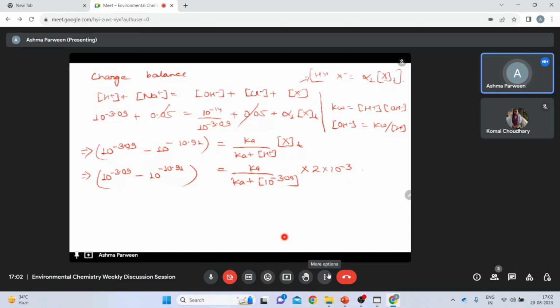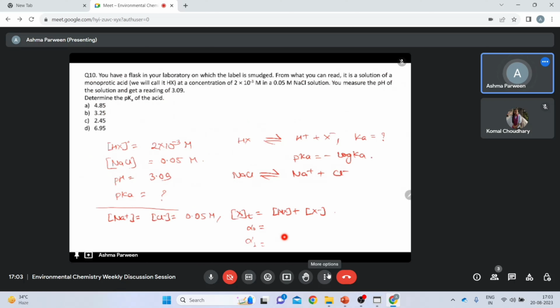So after solving, we will get Ka as 10 raised to power minus 3.2545. So let's see the options given. So option B will be the correct option, that is 3.25.